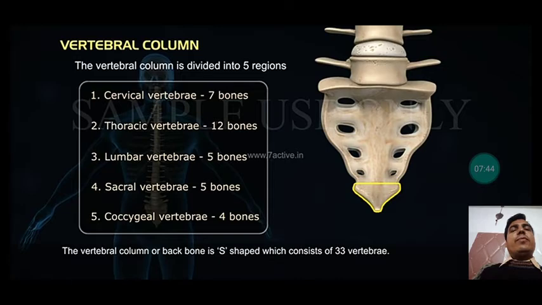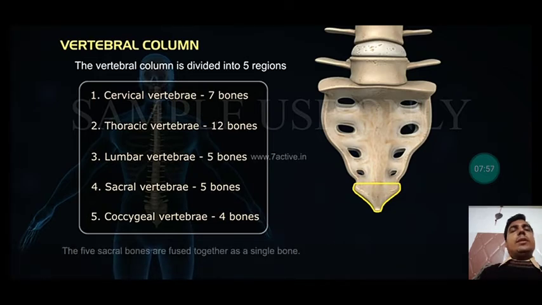That is also the tail part of our body, so it is also called the tailbone. The 5 sacral bones are fused together as a single bone. So those complete the 33 vertebrae in our vertebral column.